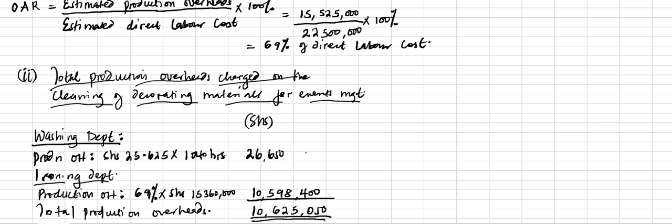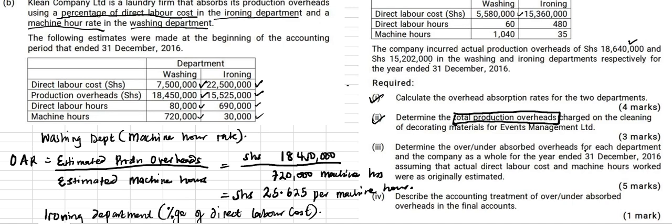Determine the over or under absorbed overheads for each department and the company as a whole for the year ended 31st December 2016, assuming that the actual direct labor cost and the machine hours worked were as originally estimated.